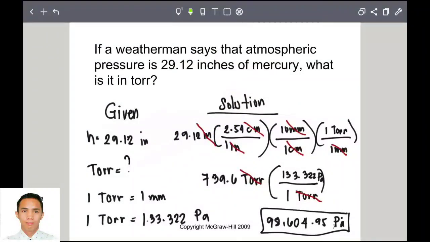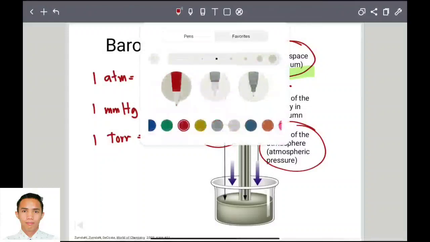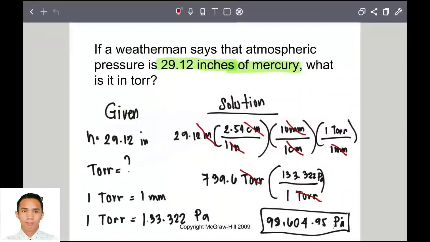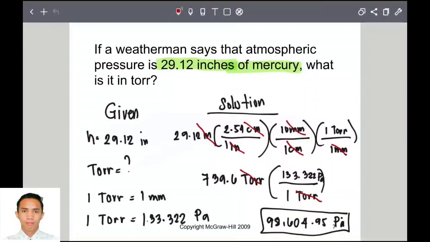The given is 29.12 inches of mercury. This area here is 29.12 inches. Then write the given.